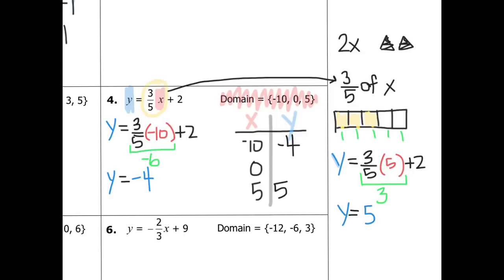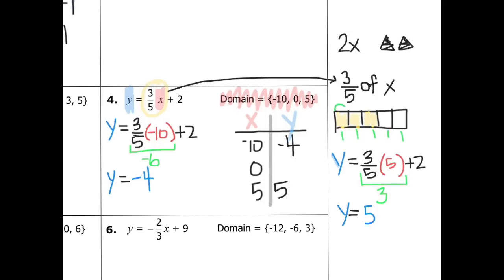Don't forget how easy it is to find 3/5 or 1/2 of a number. Make sure that you remember that as we come back over to the right, I'm going to do a little erasing and try to mark this up for you.